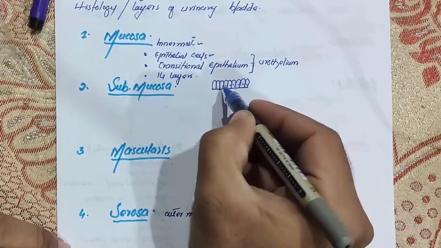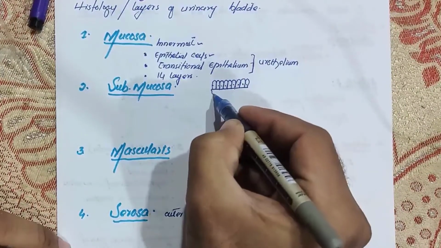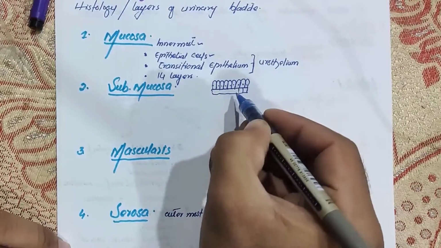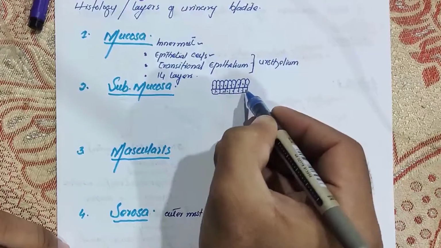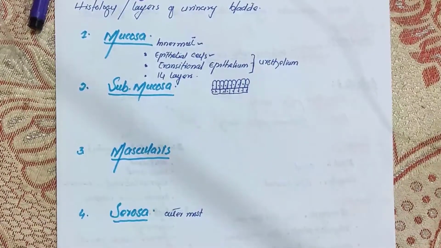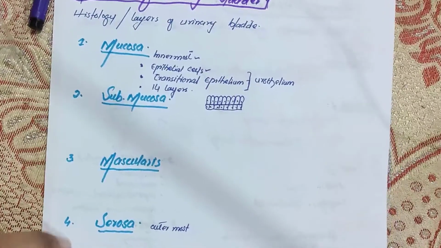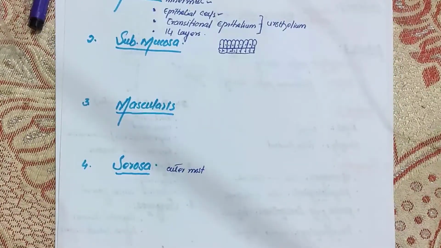Like this. But no problem, we are here to know about the structure of the urinary bladder. Very simply, like this. Then I will draw a very large diagram here, and I will clear every doubt.